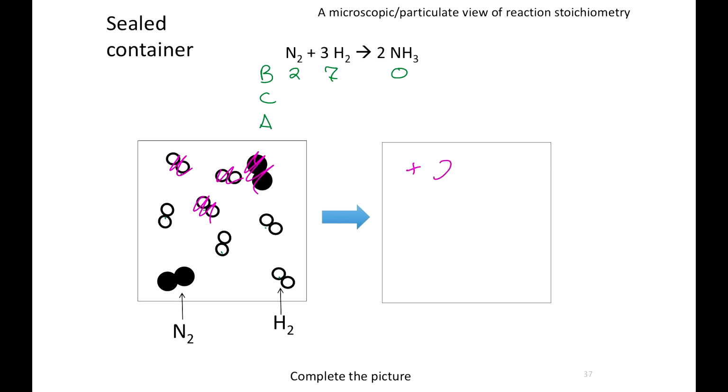So I gain 2 NH3s. Can I do the reaction again? Are there enough ingredients there for me to do it again? You can just think of this like a sandwich. It's a sandwich with 3 slices of bread and 1 slice of cheese. Yeah, there's my slice of bread. And then 1, 2, 3 more cheeses.